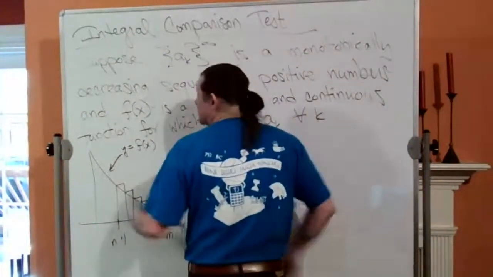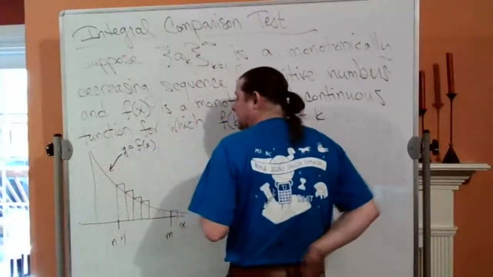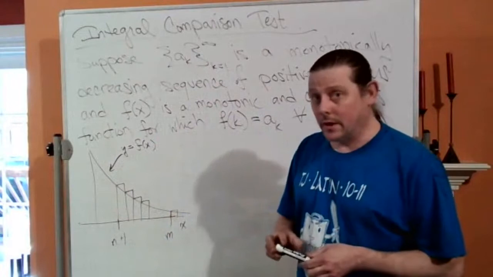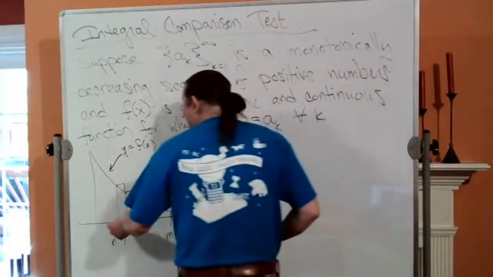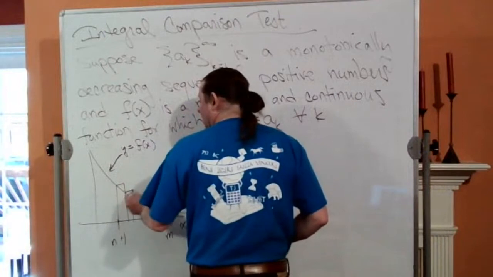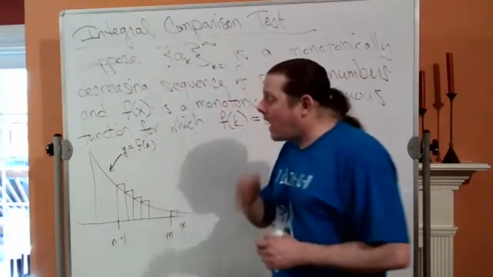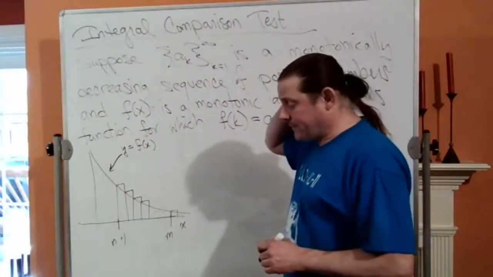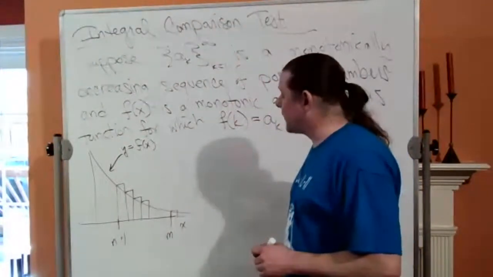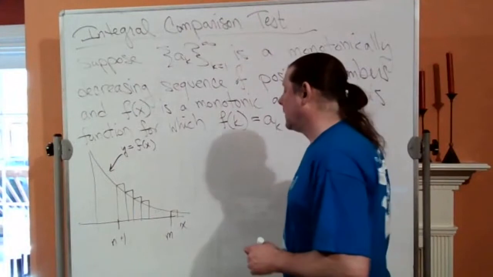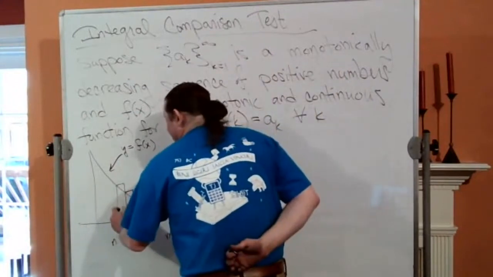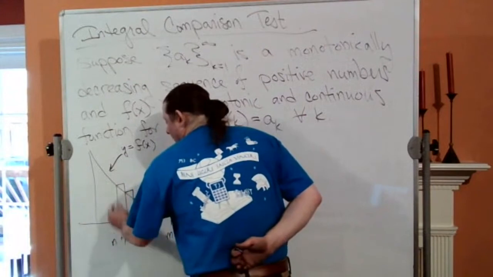All right? And so now what we're going to do is look at a graph of this function. So here's my y equals f of x. f of x is decreasing. And that means that these boxes here are always going to be above my function. These boxes have width 1. So this height is a_(n+1).